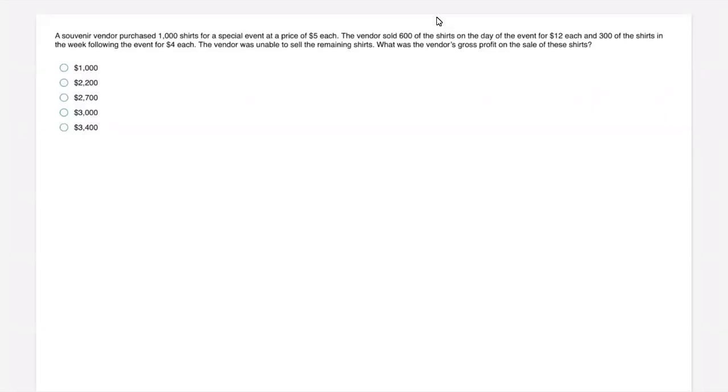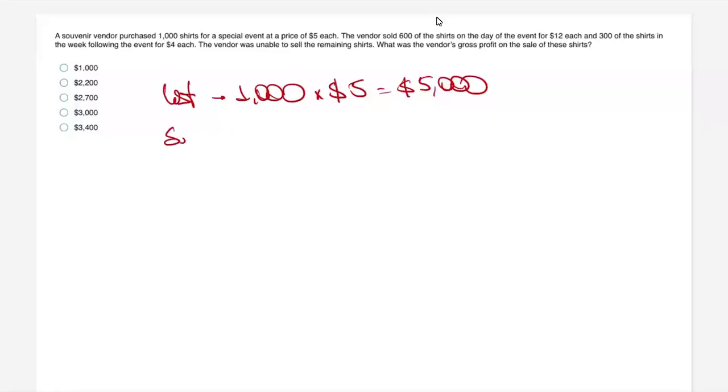Let's do it. A souvenir vendor purchased 1,000 shirts for a special event at the price of 5 each. So 5,000 is the total cost. The vendor sold 600, the quantity, for 12 each.